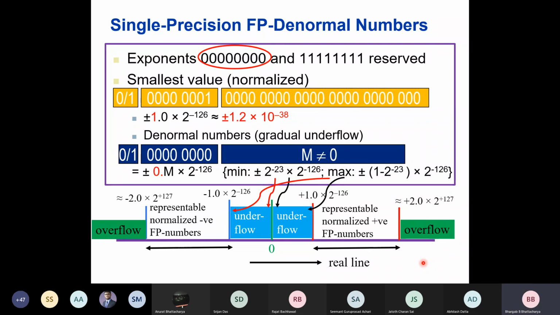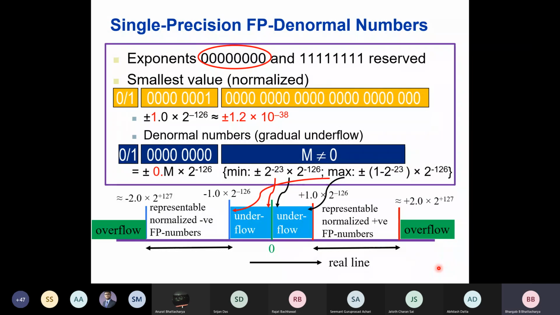Similar thing will happen when you go to double precision arithmetic. These values will change, but the same concept will also be there. So does it make sense? The notion of overflow, underflow, and gradual underflow, which means that it is still possible to represent some more numbers in the underflow range.